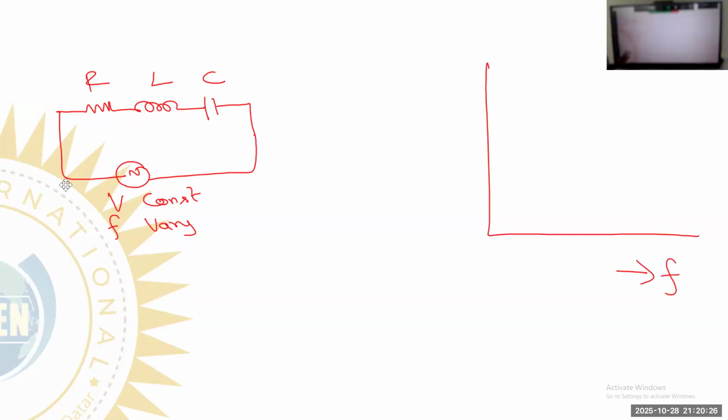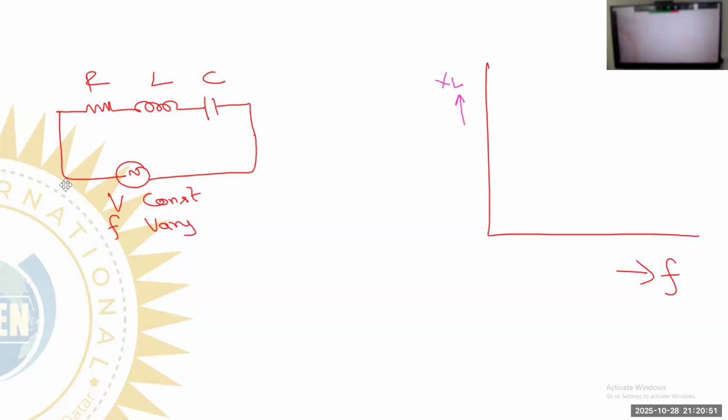So we change the frequency. For example, we give zero frequency, 10 hertz, 20 hertz, 100 hertz. In this way we increase the frequency. On the y-axis, we have three components: resistance, inductance, capacitance.